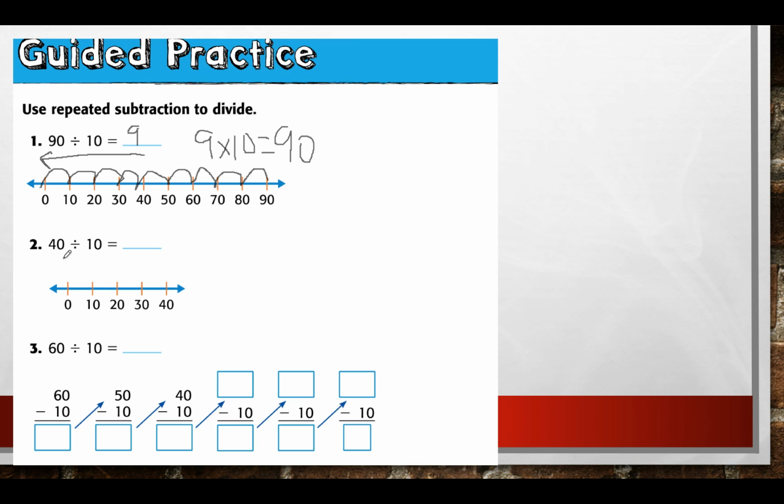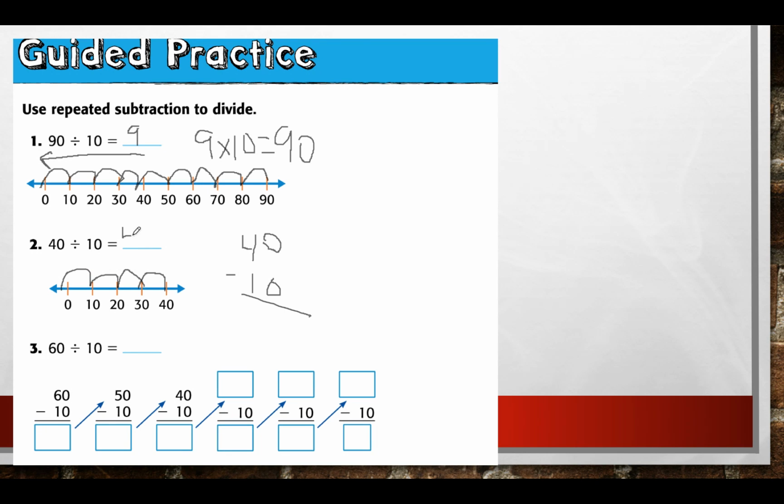So here now we have 40 divided by 10. So that means that we would start with 40 and we would subtract 10. So 40 minus 10. And if you look on the number line, it's going by tens. So we start at 40, go back 10 one time, 2, 3, 4.